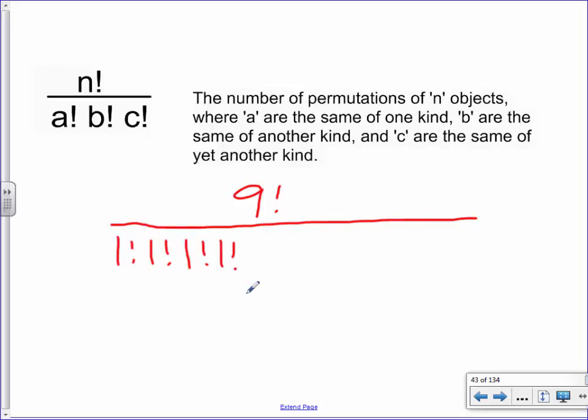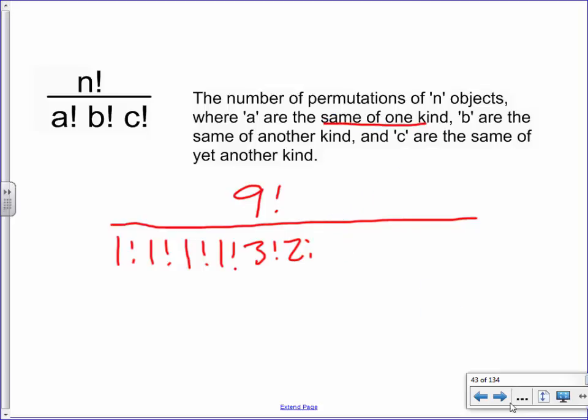However, if you ever come across a scenario where there's 2 letter P's or there's 3 white dishes, what you need to do is divide by 3 factorial for the white dishes or by 2 factorial for the letter P's. Does that make sense? And that's what this formula refers to, the same of one kind.